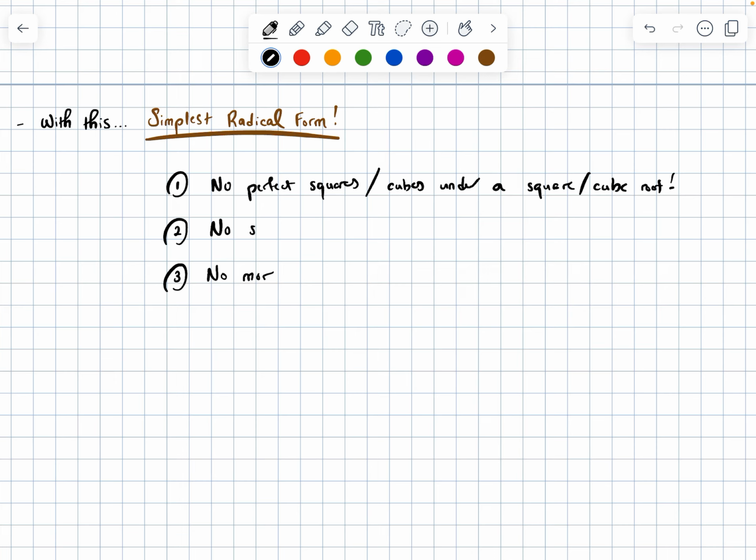This is step 3. We are going to say for step 3 that there is going to be no more than one square or cube root in our final answer. So no more than one of our radical symbols. And then I'll include here in parentheses per term.